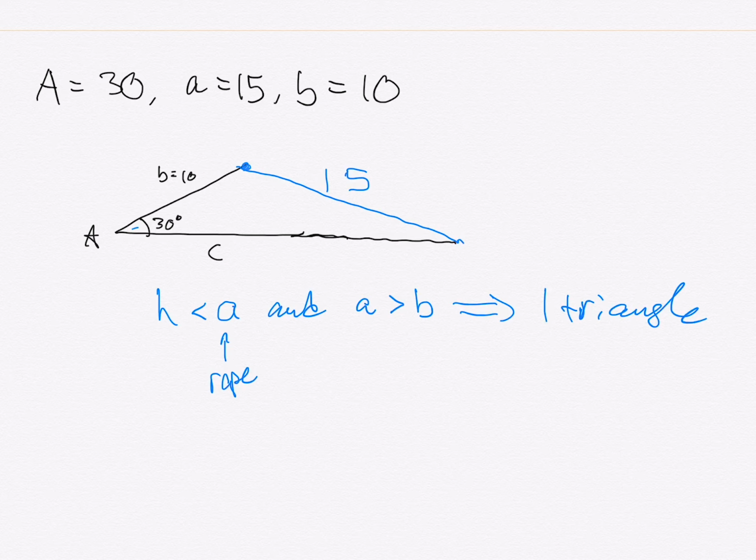And we're going to talk in a moment about how we would then find out this angle measure, and determine side length C. And we're going to hear about that process as we address our last scenario, which is the scenario where we have two triangles. Let's get into that one.